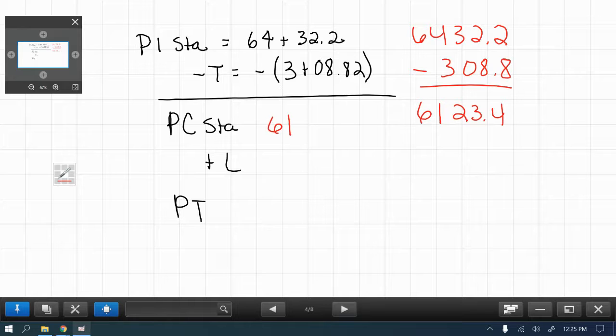So that would be 61 plus 23.4. And then I'm going to add my L. And my L was 608.33.